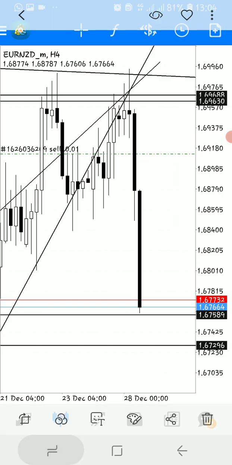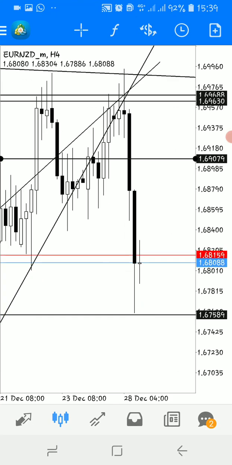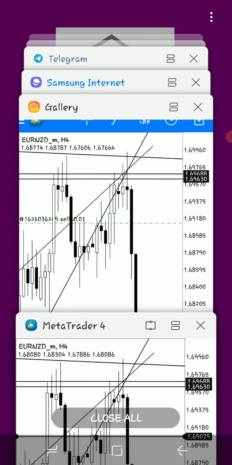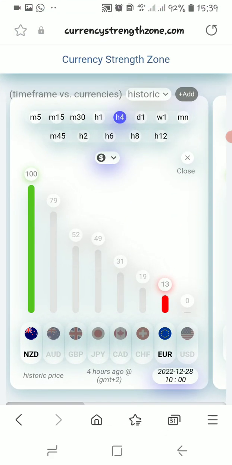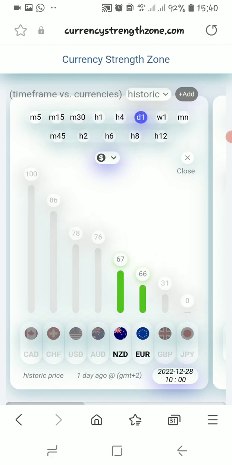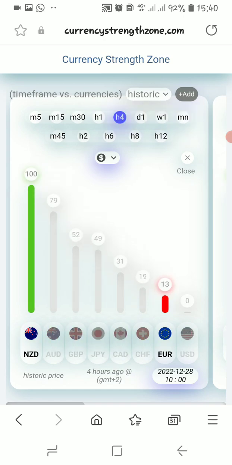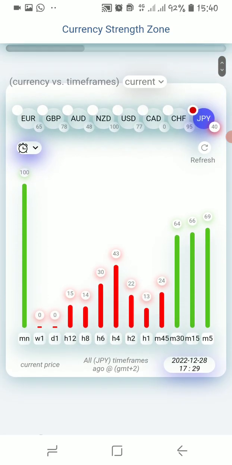So guys, this is how to trade currency strength indications profitably. You can check out this website, currencystrengthzone.com. It gives you currency strength indications in many time frames. It doesn't depend on candlesticks.